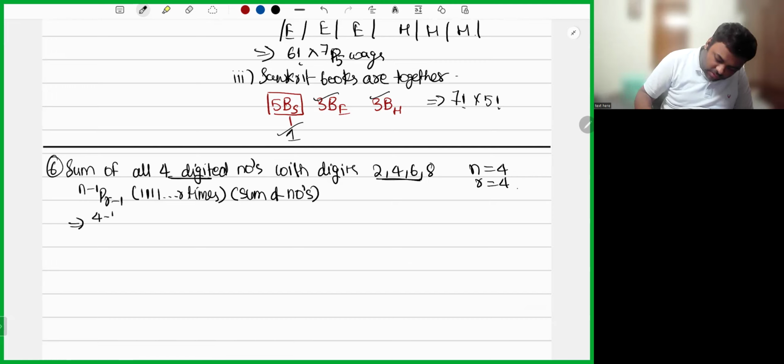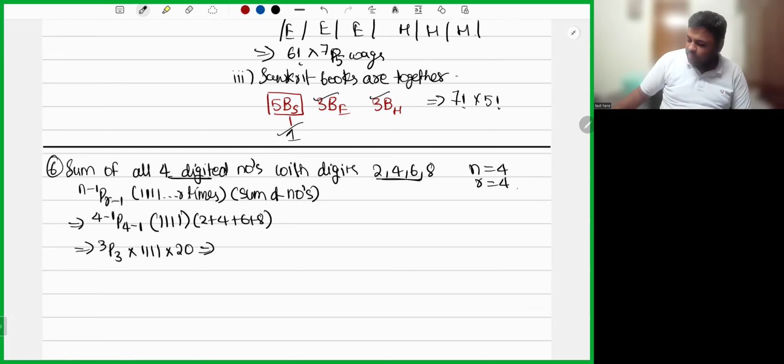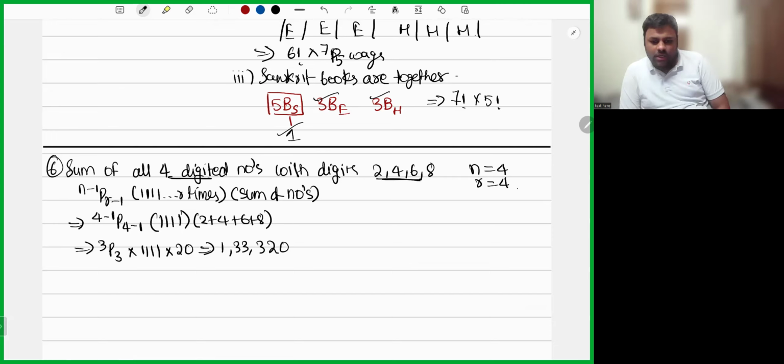So (4 minus 1)P(4 minus 1) into 1, 1, 1, 1 into 2 plus 4 plus 6 plus 8. Just straightforward, you need to remember the formula. It's not that important for examination, however. 1, 1, 1, 1 into 20. What is 3 factorial? 6 into 1, 1, 1, 1 into 20. So answer is 1,33,320.